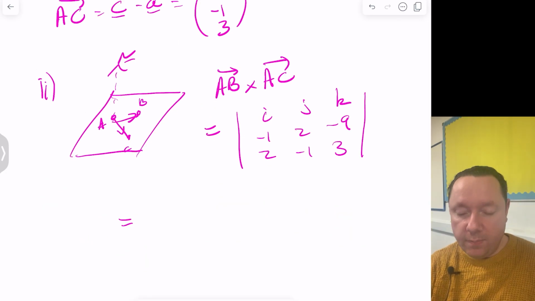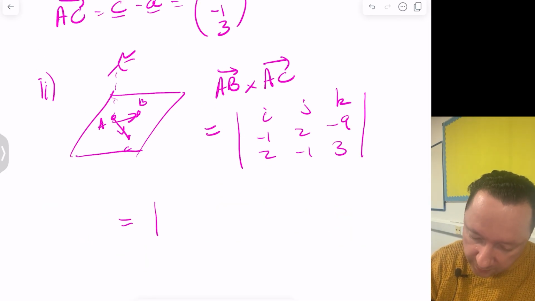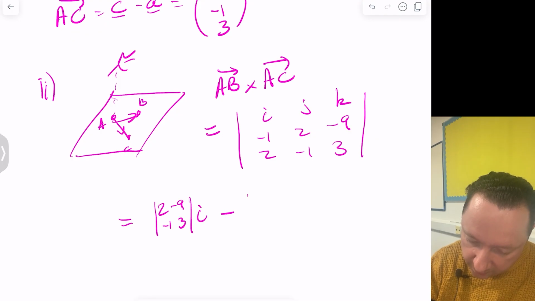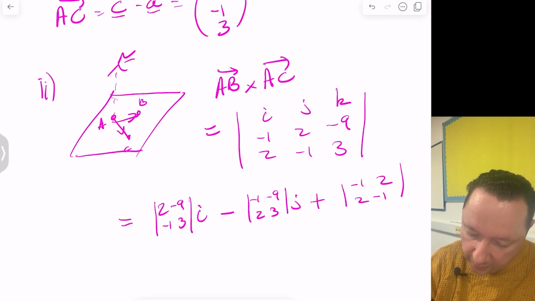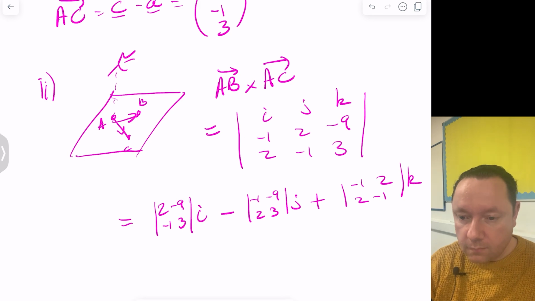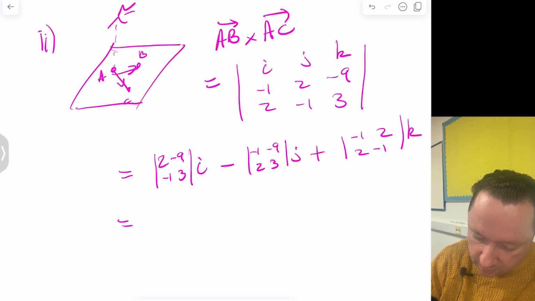So using the exam paper to help me, it's the determinant of 2, minus 9, minus 1, 3 times i, minus the determinant of minus 1, minus 9, 2, 3 times j, plus the determinant of minus 1, 2, 2, minus 1 times k.